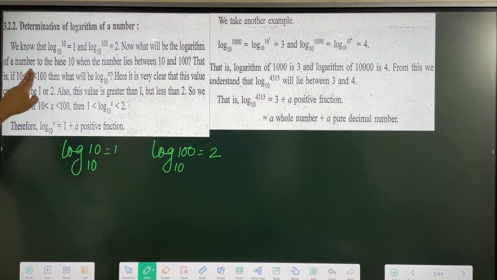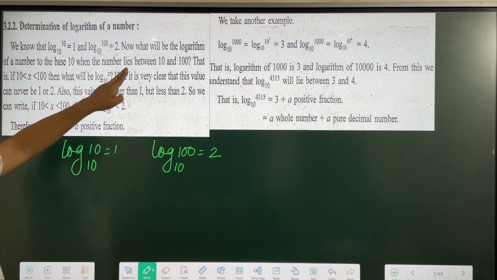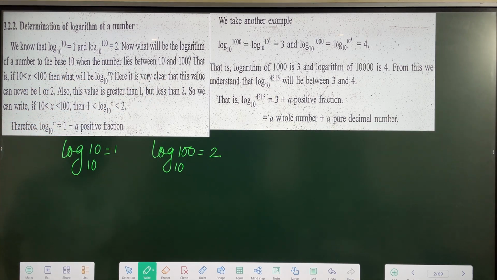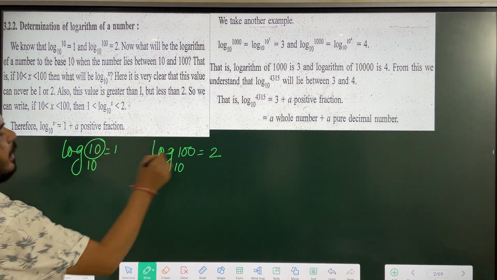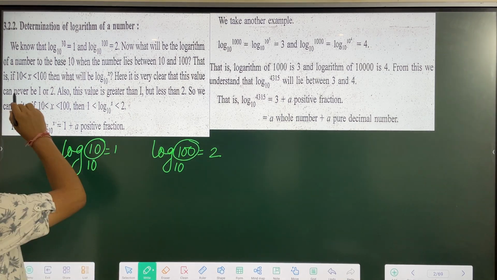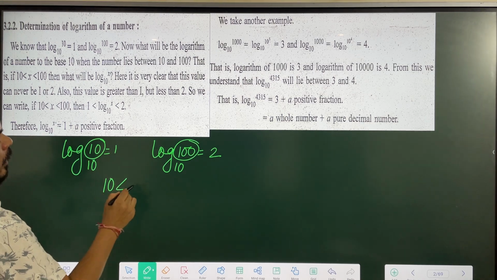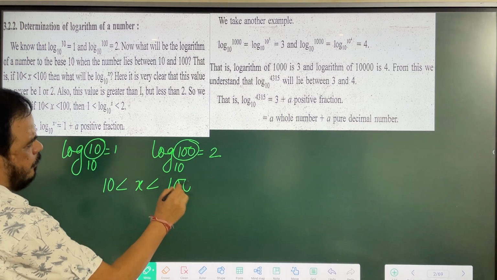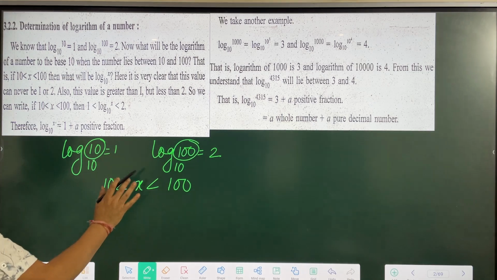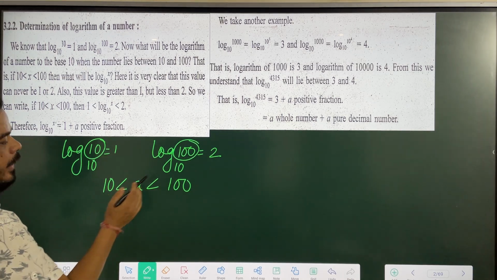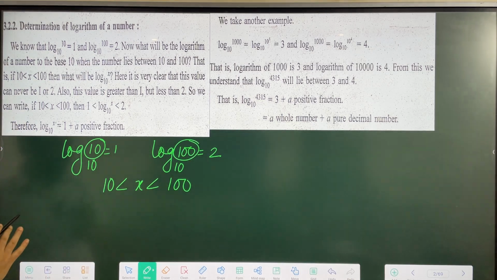Consider the logarithm of a number to the base 10 when the number lies between 10 and 100. Here 10 is there, here 100 is there. Whatever number x we take will be greater than 10 and less than 100.